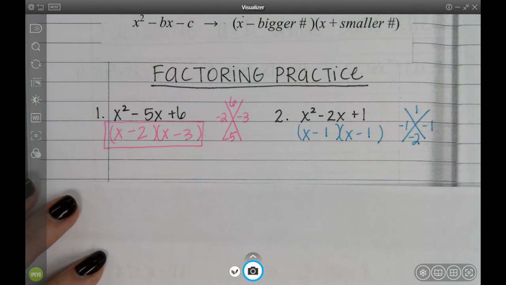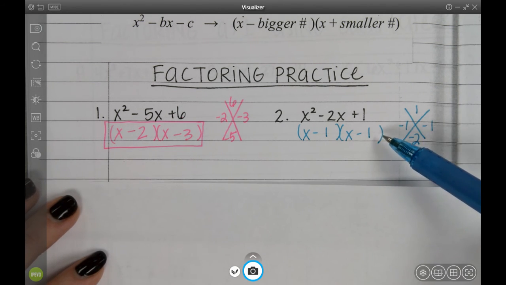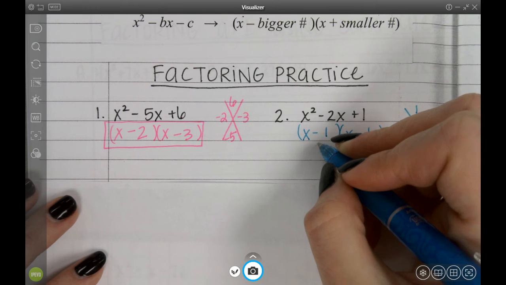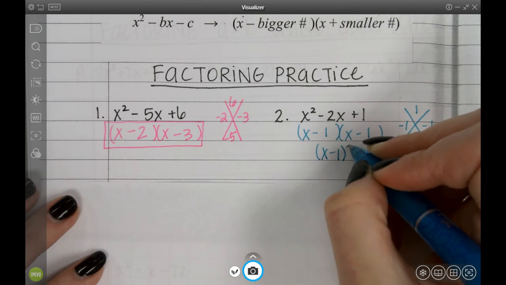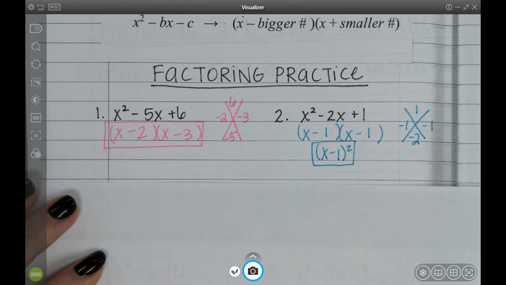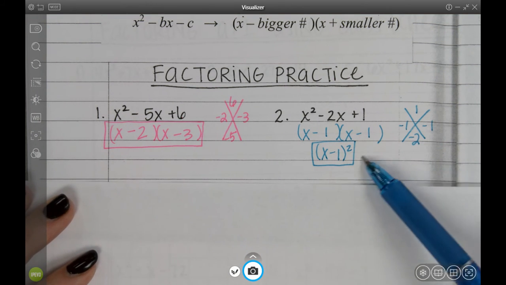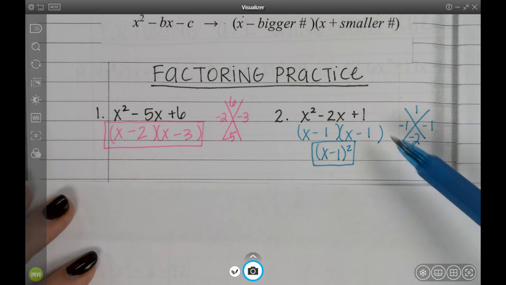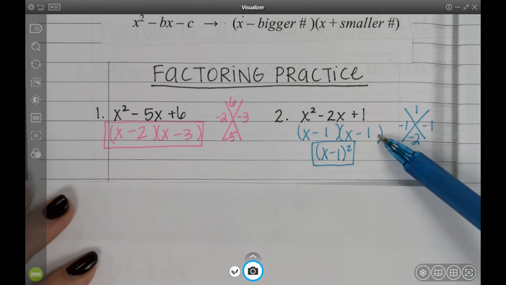So it factors x minus 1 times x minus 1. If you want to circle that and keep that as your answer, that's okay. The more mathematically correct way to write it is x minus 1 squared. I'm not super particular on you writing it in one specific way. I would prefer you to write it this way, but I'm not going to count it wrong because it's not wrong if you leave it like this. Okay?